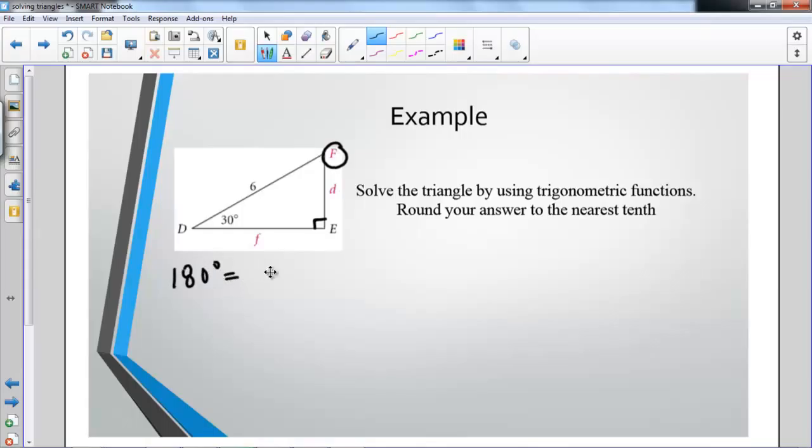So 180 degrees has to equal our 90-degree angle plus our 30-degree angle, and the angle that we don't know, angle F. Solving for F, I get F equals 60 degrees.